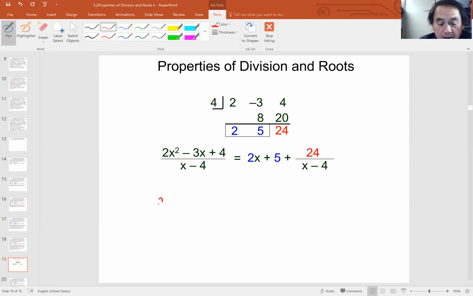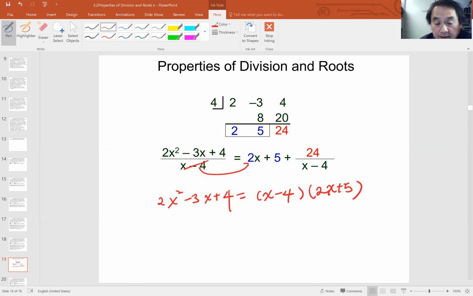And here is the idea: because of this division, I can clear the denominator and multiply x minus 4 to the other side, and that will be multiplied by 2x plus 5, plus the 24, in this blue color.